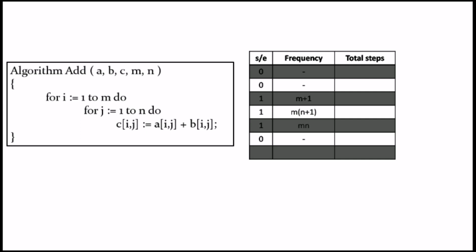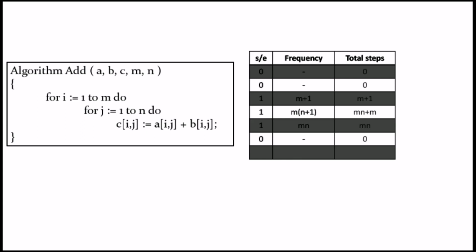So now by multiplying steps per execution with frequency, we will get the total steps. The first two lines will be 0. Next, 1 into (m plus 1) will be m plus 1. Next, 1 into m times (n plus 1) will be mn plus m.